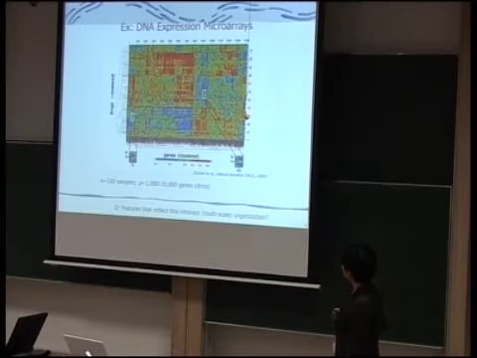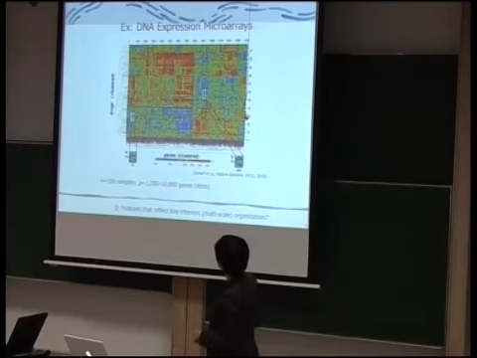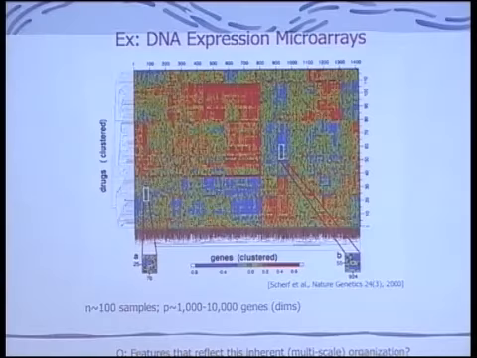Now, typically, these variables can occur in any order, but in this case, we've reorganized the experiments and the genes just to show you this type of grouping structure. And the grouping structure is often rather complex, and it can also occur on many different scales, which is one reason why hierarchical clustering schemes have been very popular in exploring these kinds of data sets. So the question here is, can you find features that reflect this inherent organization?